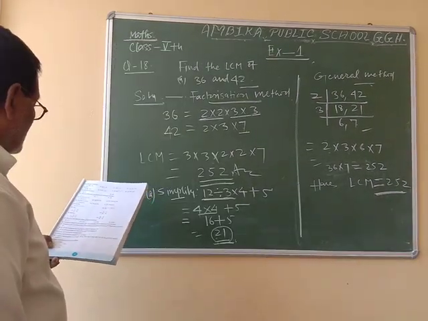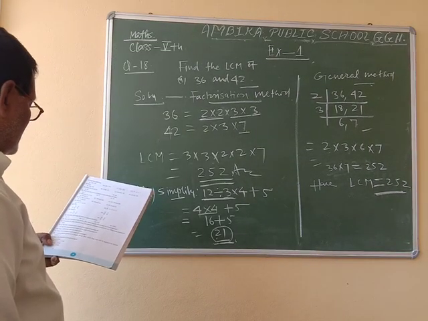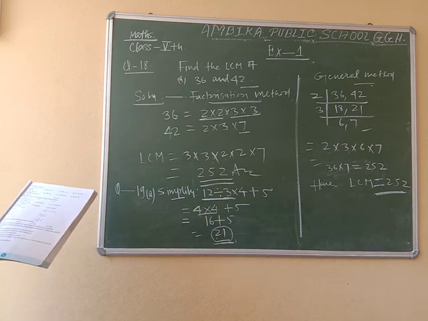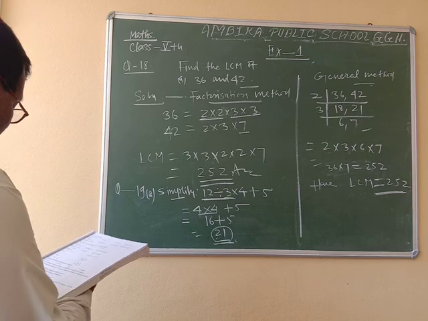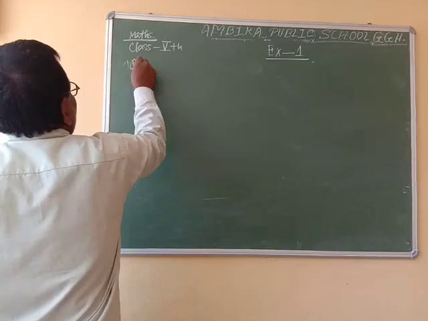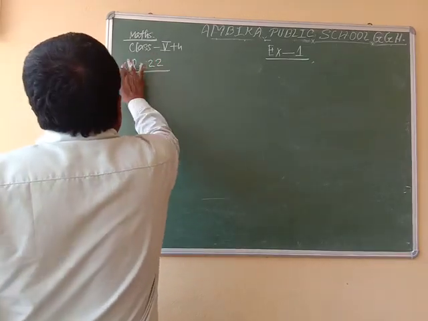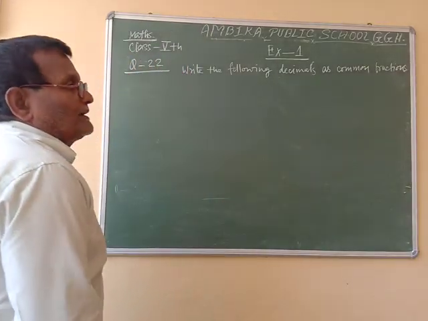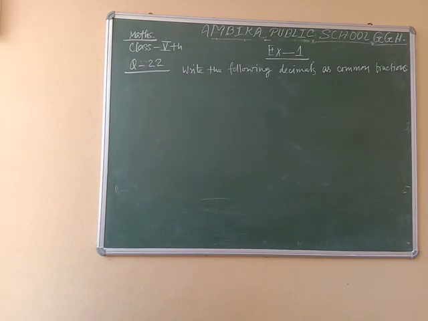Are based on addition and subtraction. And 22 number question, write the following decimals as common fractions. मतलब भिन्नों को साधारण भिन्न में व्यक्त करना है.